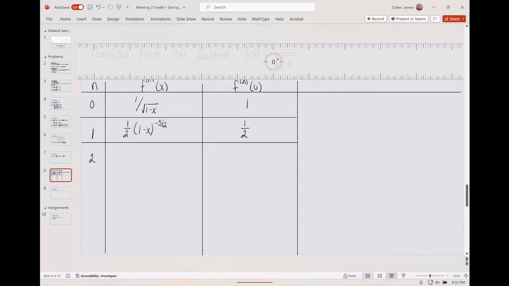Second derivative. So what is the derivative of that previous entry?